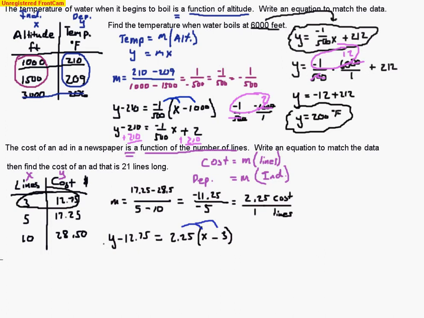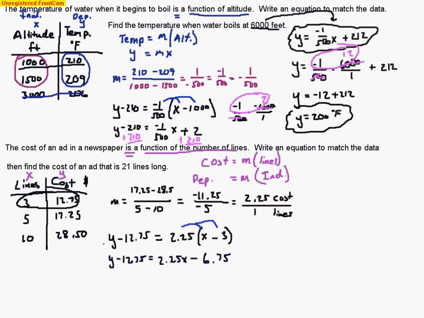Still have this y minus 12.75 equals, and then I multiply this. I get 2.25x minus, and then I multiply 2.25 times 3, which gives me 6.75. So I just have one more step there. I need to do some opposite operations.